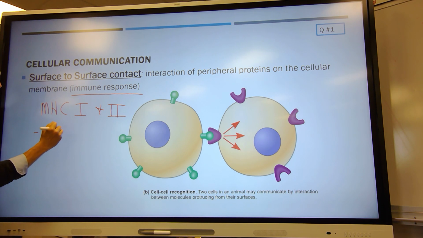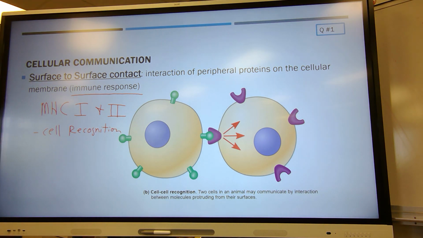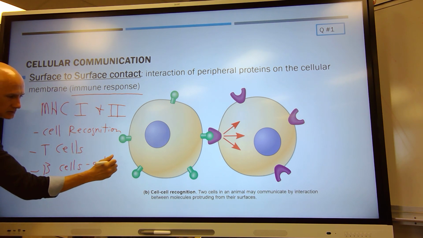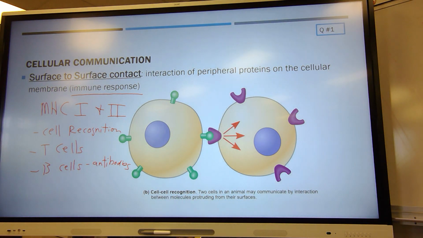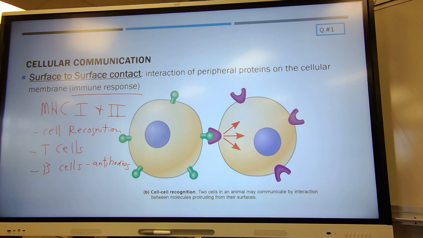And so that's going to be cell recognition by the T cells looking for cells that are infected, and also B cells and their antibodies. And so if they connect with a cell and the signal is not correct, then the immune cell knows we need to destroy this one. But we'll also see how this plays out in the fertilization process and how we have that connect.